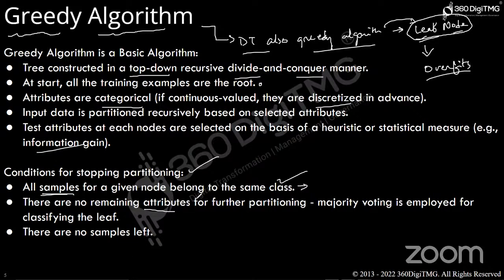So this is an automatic stop. We are not stopping it manually. So it automatically stops when all the samples in a node are of the same class, or all the attributes have been used for partitioning, or we have no samples left to partition. If these three conditions come up, the decision tree will not partition further.